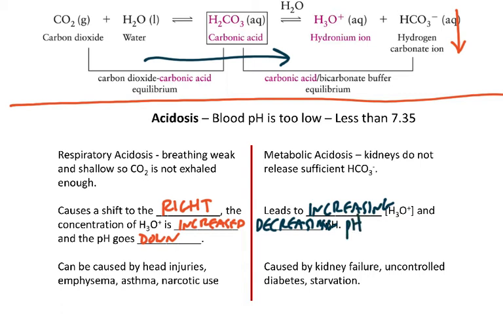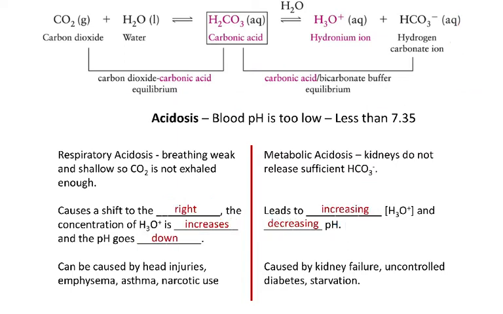So again, we just discovered the mechanism for metabolic acidosis, why pH would go down. This might be due to kidneys not working, kidney failure, uncontrolled diabetes, starvation, right? Okay, so that's acidosis and using the carbonic acid cycle.